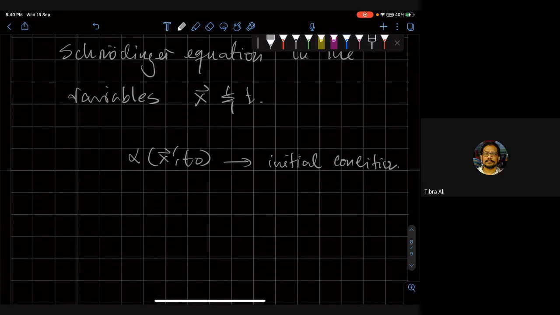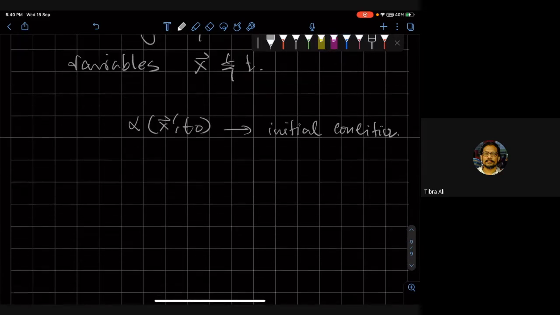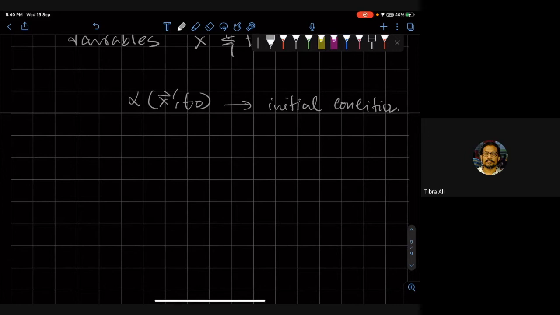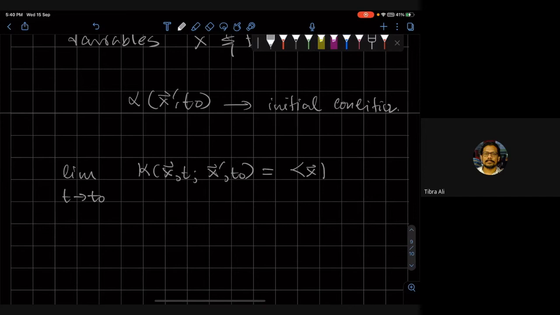But there's a subtlety, okay? And the subtlety comes from these two observations. In the limit where t goes to t0, the propagator K(x, t; x prime, t0) just becomes the state x prime, and therefore this is just delta cubed of x minus x prime.